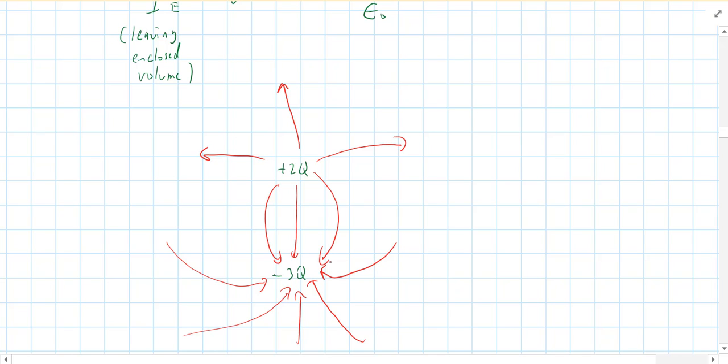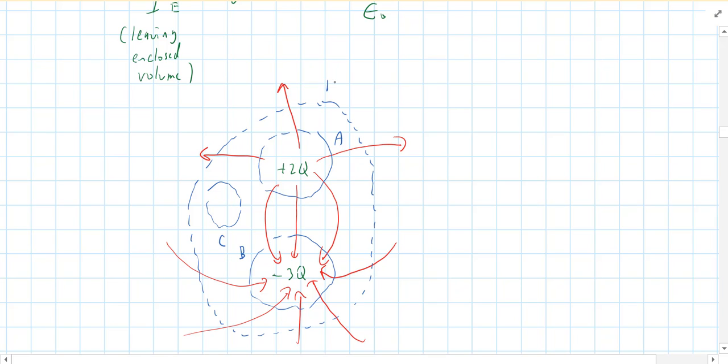And I asked you to figure out the net electric flux leaving the following surfaces. Here's surface A, here's surface B, here's surface C, and here's surface D. I don't want to know electric field strength or anything.